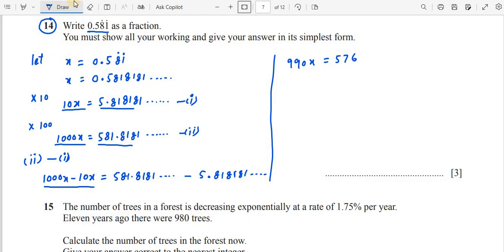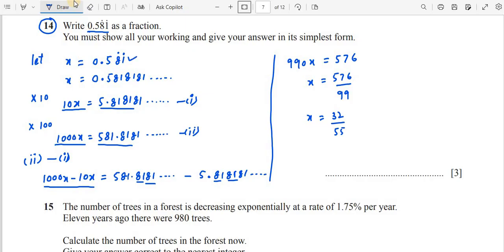The repeating 81 subtracts with 81, overall we get 0. We find x by dividing with 990. 576 divided by 990. So x is equal to, using a calculator, 32 over 55.